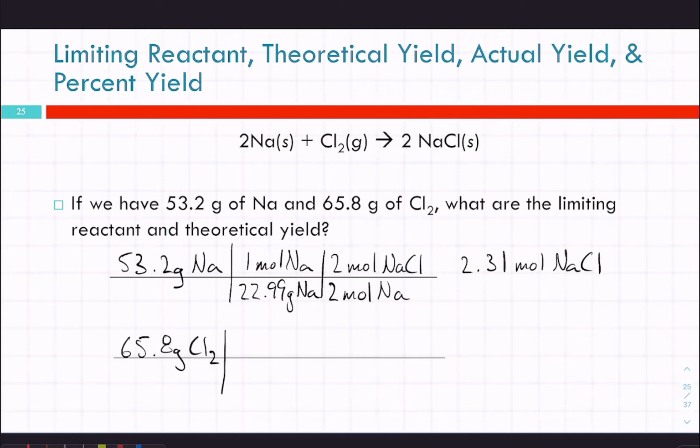And then we can rinse and repeat the same process. We just need to find the molar mass of chlorine. And actually, I should point out that this one is a little trickier because it's the mass of the molecular element, right? So it's 2 chlorine atoms. So that means that we have 2 times the mass of chlorine, which is 35.45.